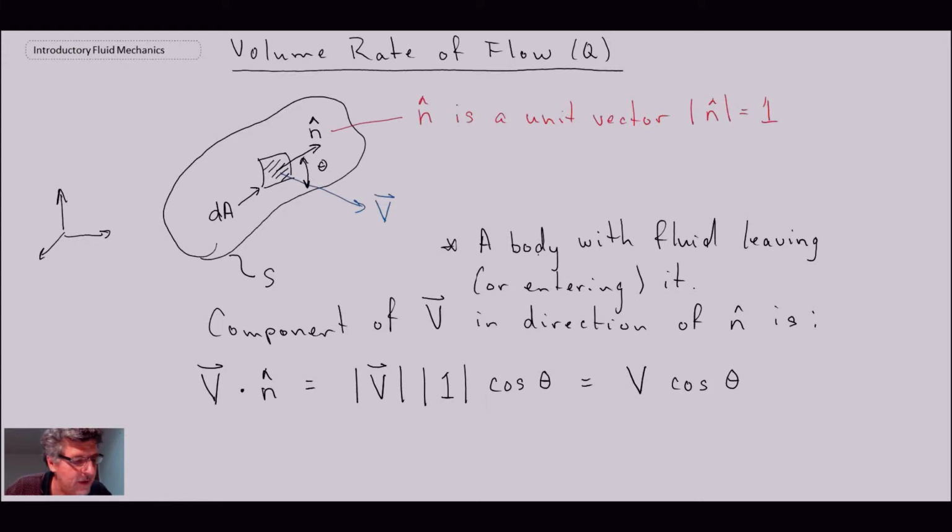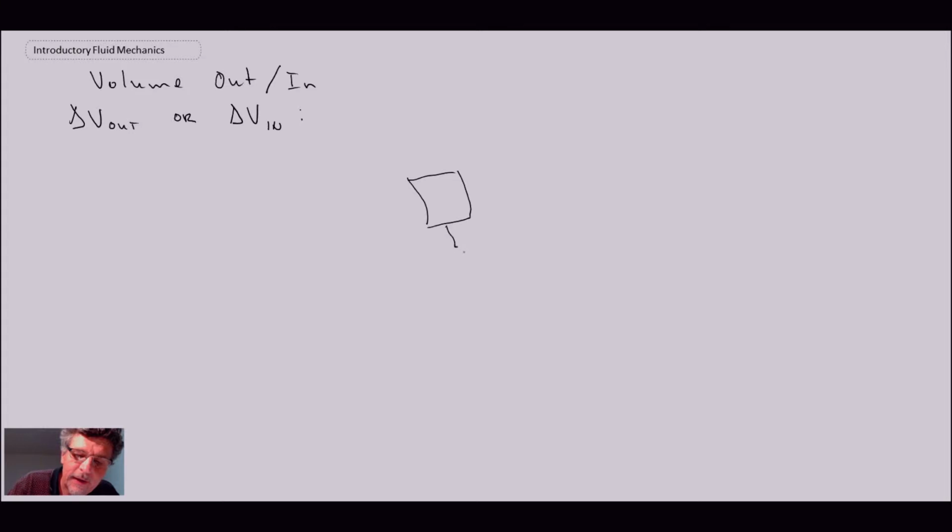Now what we want to do is extend that to volume, because we're interested in volume out or in. So we will look at delta V out or delta V in. And so we're going to take a look at another area. We'll call that dA. And let's assume that there's some unit vector n.